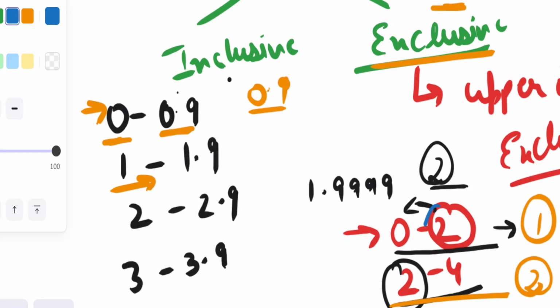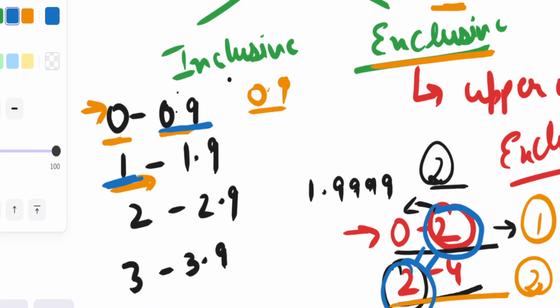The upper limit for the first interval and the lower limit for the second interval are always same. If they are same, that means it is an exclusive series. We are going to exclude the upper limit. And in an inclusive series, the upper limit for the first interval and the lower limit for the next interval are not same.